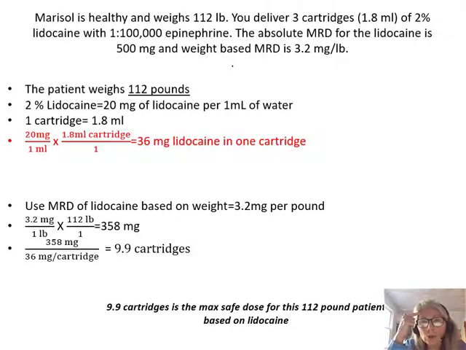So that should cue you, significantly under 150, we're going to need to use the weight-based MRD. So we're going to deliver 3 cartridges, 1.8 milliliters each cartridge, of 2% lidocaine. The absolute MRD for lidocaine is 500 milligrams, and the weight-based MRD is 3.2 milligrams per pound.